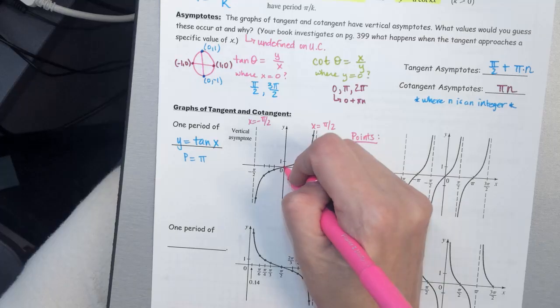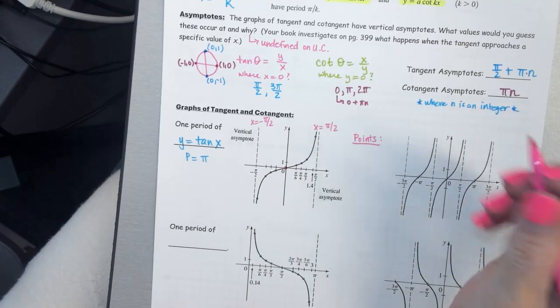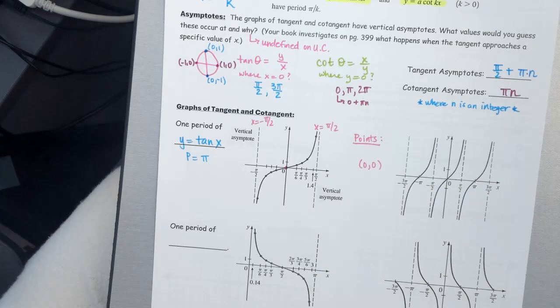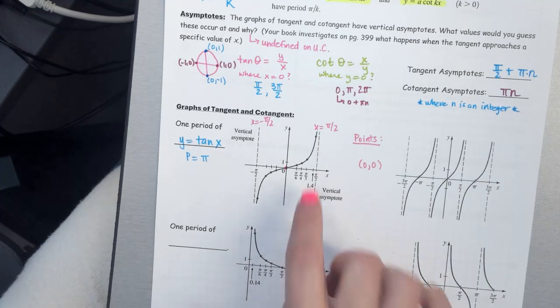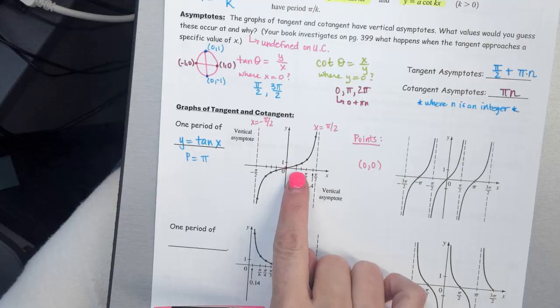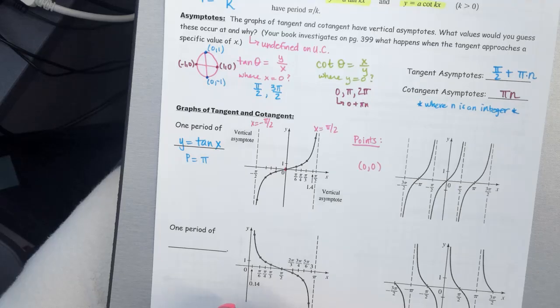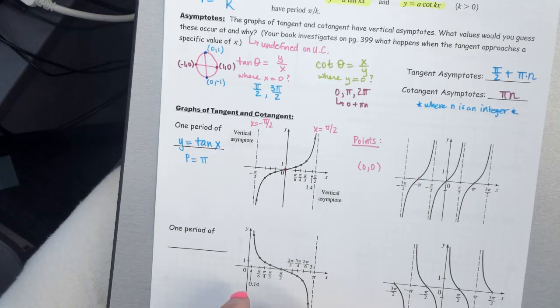I'd say probably 0, 0, right? What else? At pi over 6, what's the tangent value? Root 3 over 3. At pi over 4, what's the tangent value? 1.